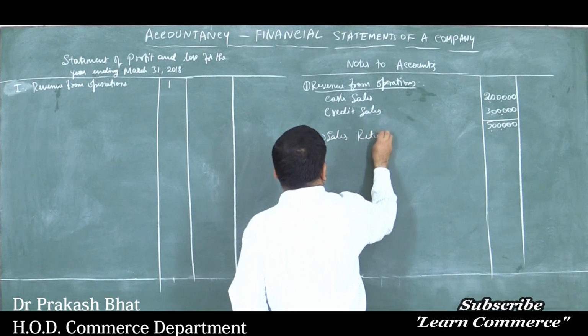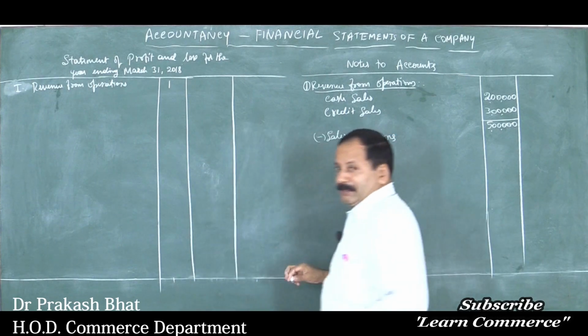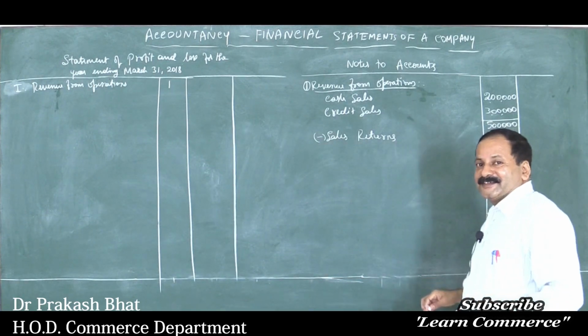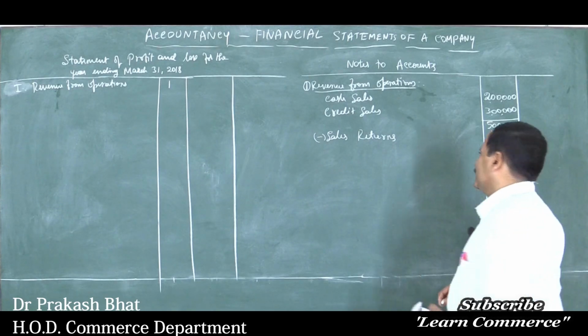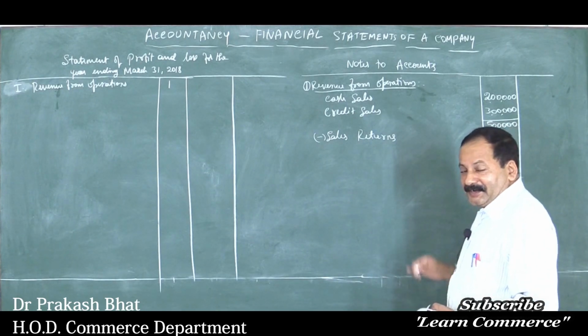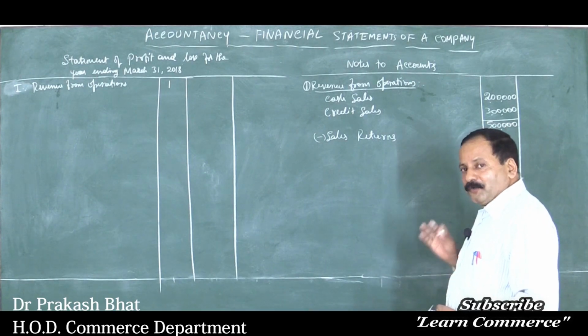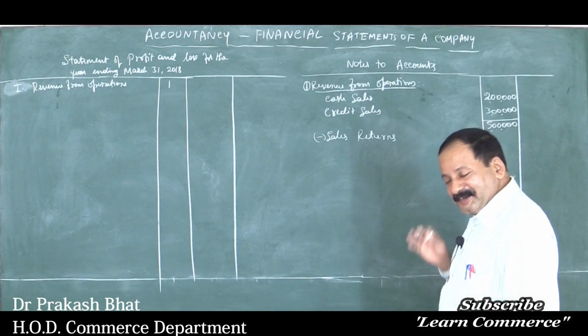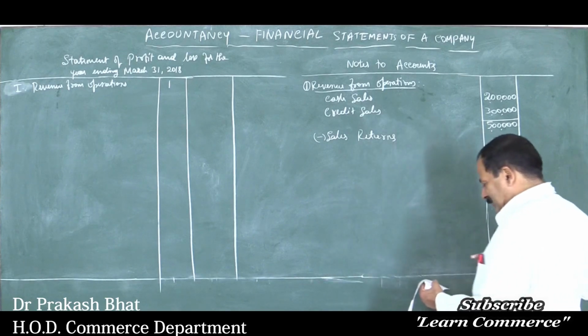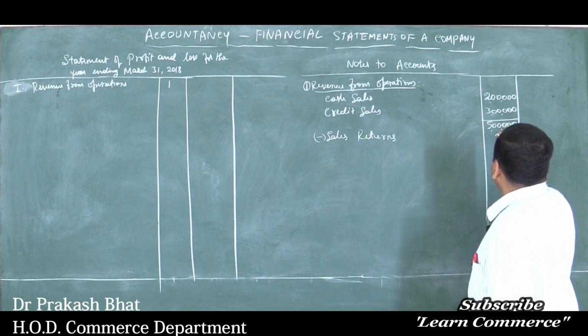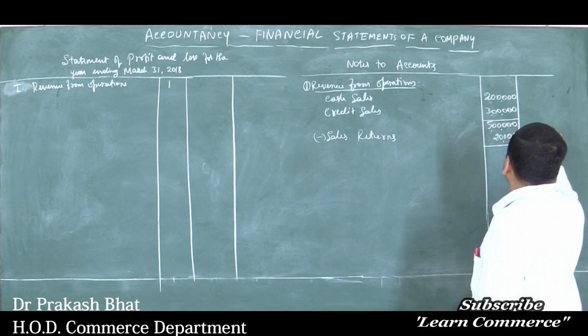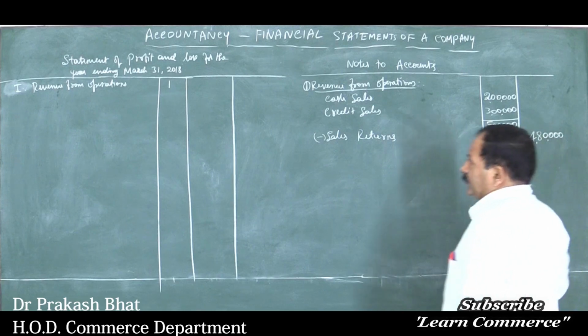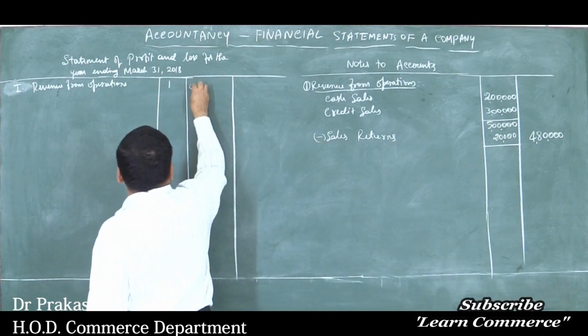Sales returns or return what? Return inwards, right? Yes. Returns debit or returns inwards or sales returns, all three are one and the same. Don't get confused. We have studied in first year. I don't know whether you remember it or not, but you have studied it. What is the value? 20,000, right? So this is the net amount of sales, that is revenue from operations, that you should record here, 4,80,000.